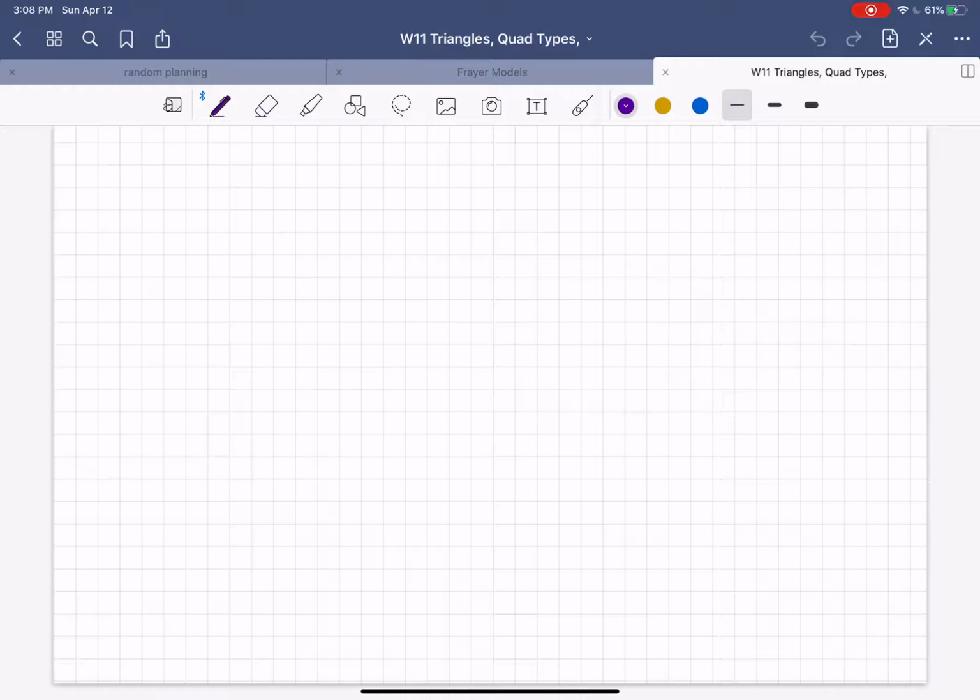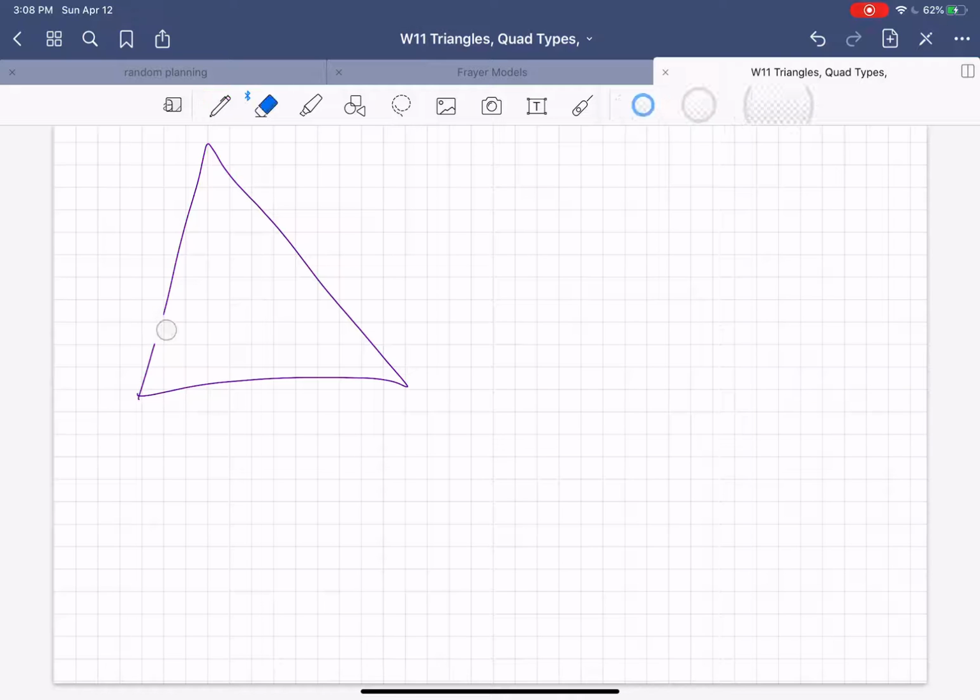We said if we had a triangle, the 3 angles add up to 180. We actually did that in classwork. We ripped off the 3 corners and assembled them right next to each other, and we saw that it made a straight line. They add up to 180.